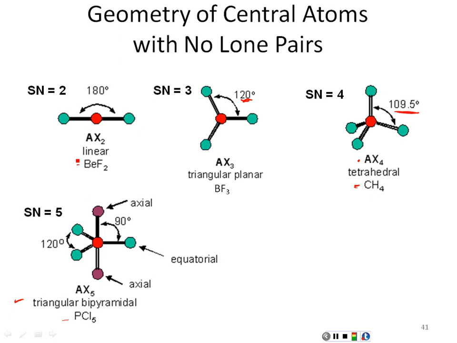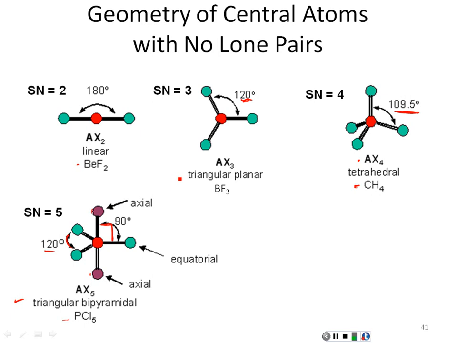We can have the ones in purple, which we call axial, and the bond angle between an axial and an equatorial atom would be 90 degrees. And then if we look at just the green equatorial, the bond angle between an equatorial and another equatorial atom is 120 degrees, much like the trigonal planar.